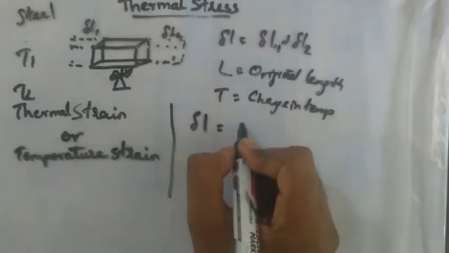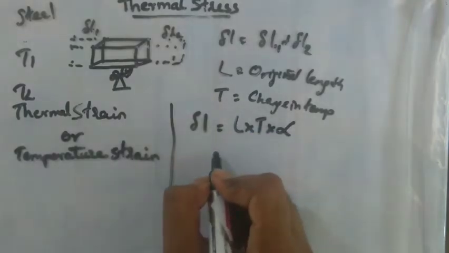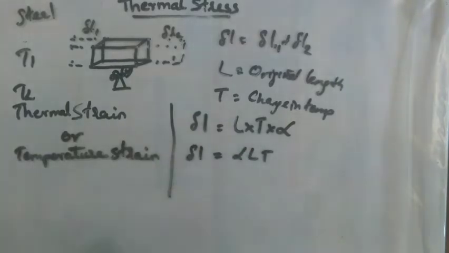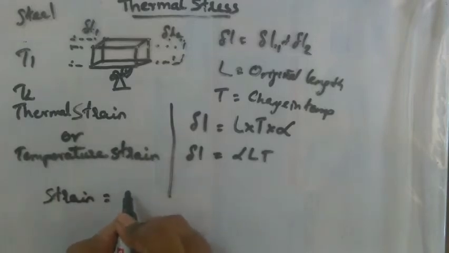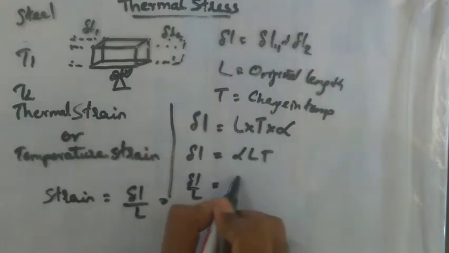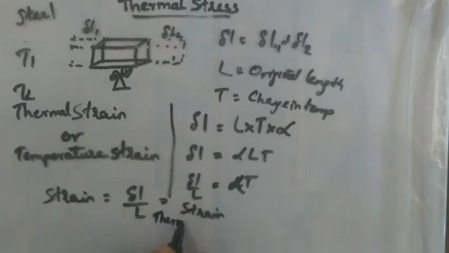Delta L is length into temperature change into the coefficient of linear expansion, alpha. So delta L equals L alpha T. We know strain is equal to delta L upon L. Taking L down, it becomes alpha T. This is the expression for thermal strain, equal to alpha T.